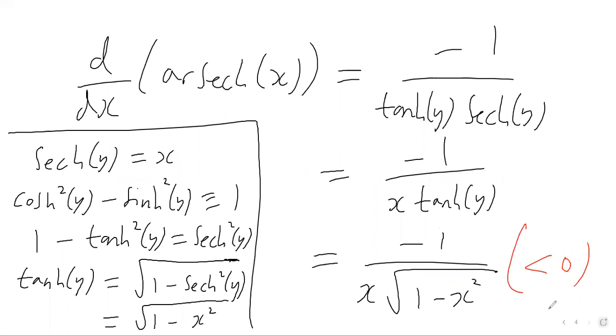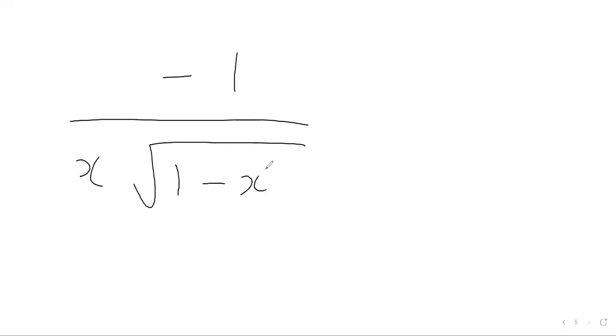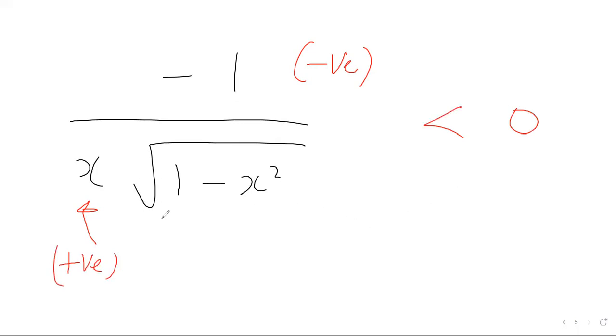On the top, we've got a negative 1, and let's put in the rest of this denominator: 1 minus x squared. So this is indeed a negative number on the top. We've got an x there, which is a positive number. We want to get a negative number overall, so it has to be true that the square root is a positive number.